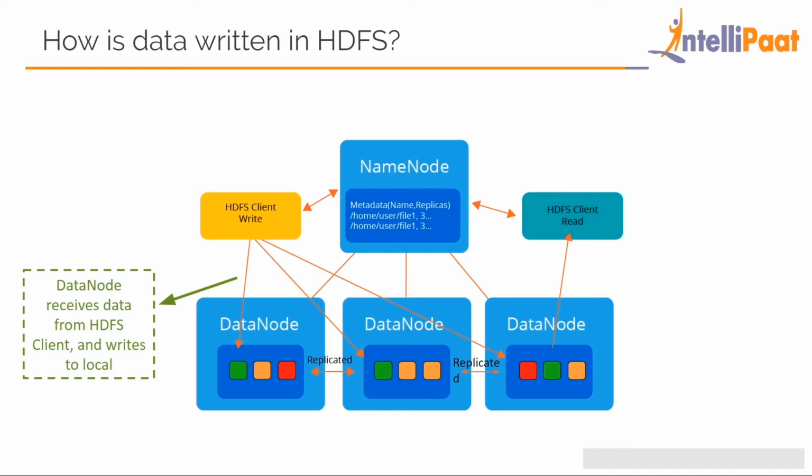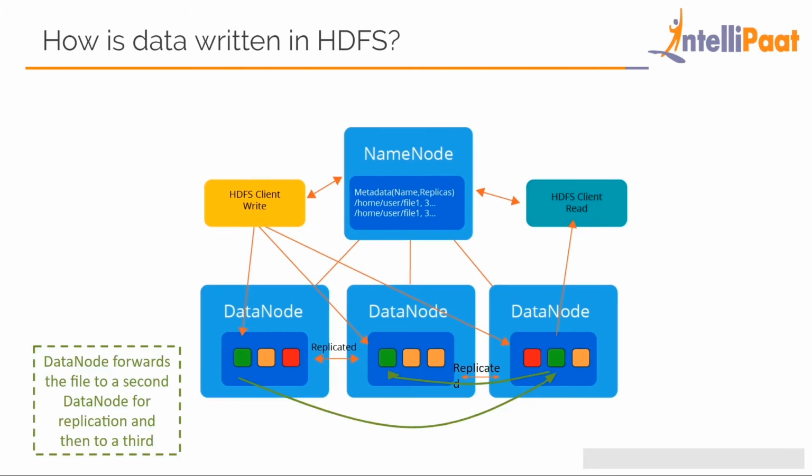So after the name node has conveyed which data nodes are free in the Hadoop cluster, the HDFS client then writes the data to the data nodes, and the data nodes take that data and write it to their local file system, because that is where the data nodes store their data. The important thing here is that the data is replicated.